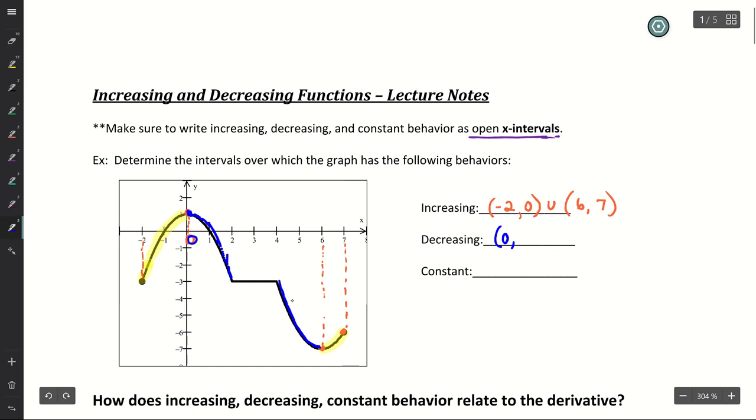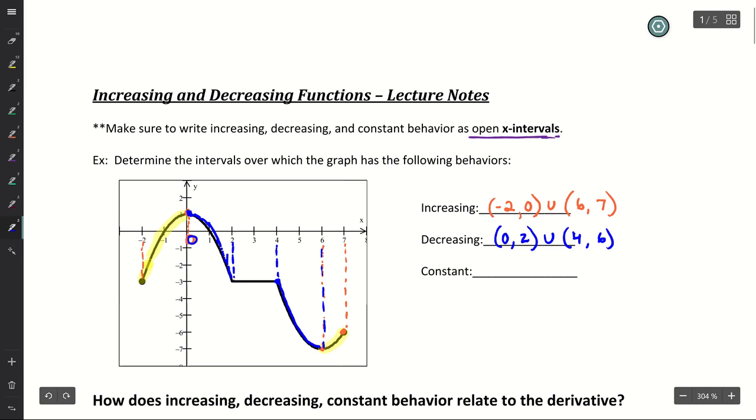And then where does it stop? Well, it looks like it stops right here at 2. And then union, since we have another piece. Okay, we're going to look here at where it starts. Looks like it starts here. So that looks like at 4. And then where would it stop? Looks like it stopped also at the 6. So we're decreasing from 0 to 2 and then union 4 to 6.